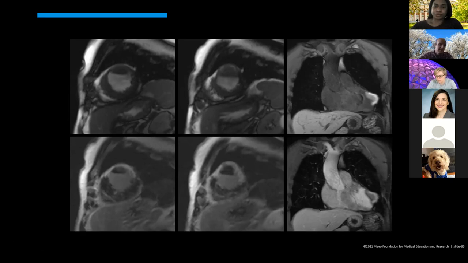Depending on the age of the thrombus, it could be really bright on the T1, or it could be iso-intense to blood. So anyhow, this is a relatively acute thrombus, so it's very, very bright on these pre-contrast T1 weighted images. You give some gadolinium, and it looks like it's dark, but if you actually measure the signal intensity, it's the same after contrast as it was before contrast.